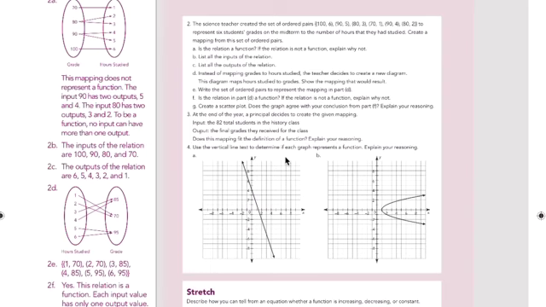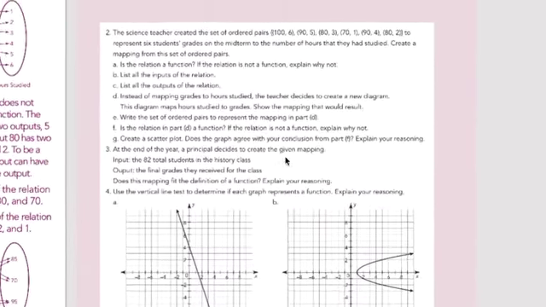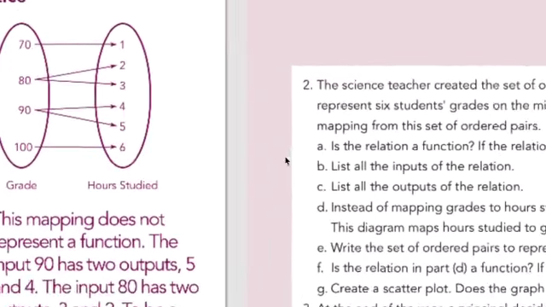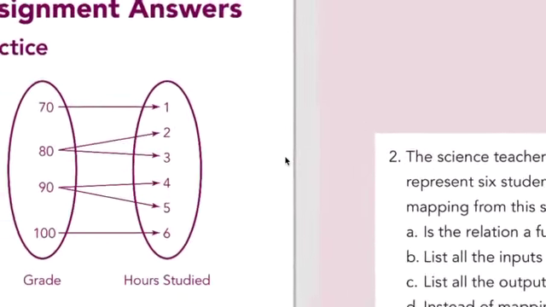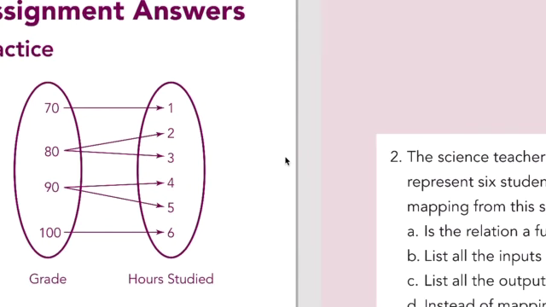Create the mapping for each set of ordered pairs. Oh, look, the answer's there. Notice how they label your mapping. Make sure you label it.